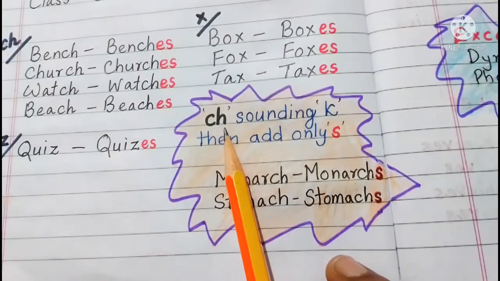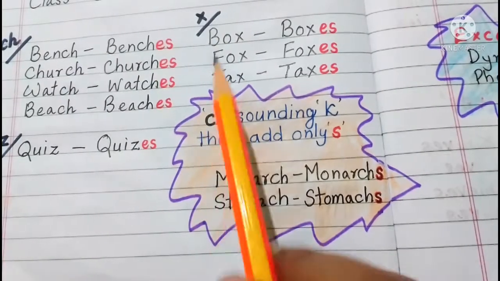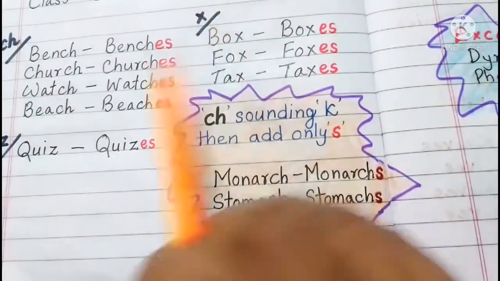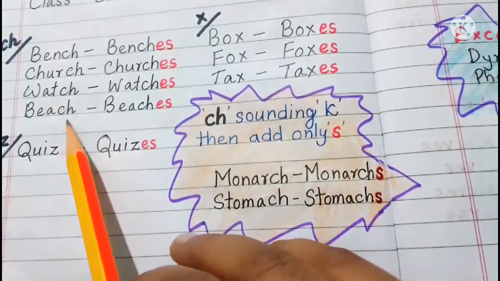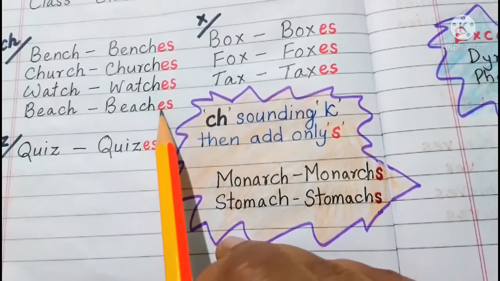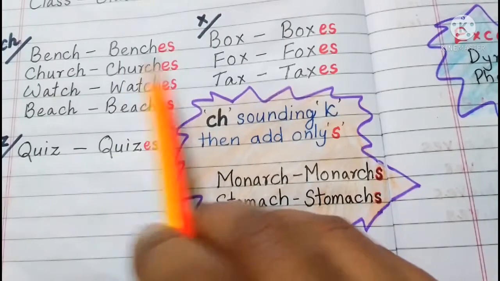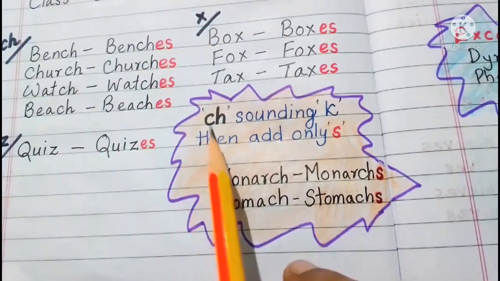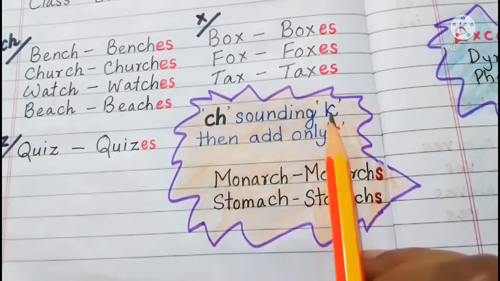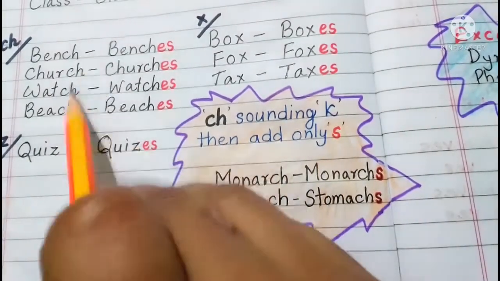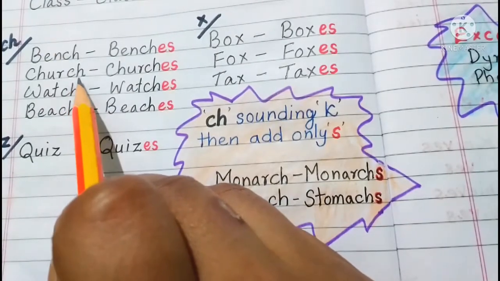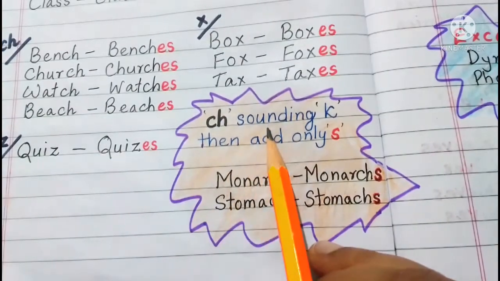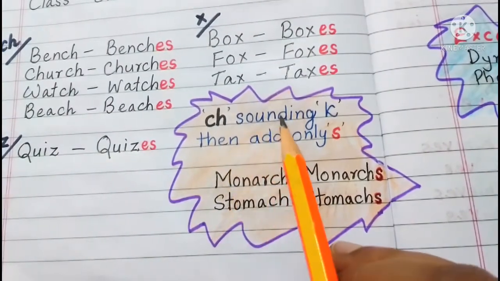There is an exception to this ch which we have studied here. Every time we were using bench, church, watch, beach, we got beaches, watches, churches, benches. We added just es to get the plural. Now, if the ch sound is a hard sound, these were soft ch sounds, where we pronounced it as ch. Now we are using ch as k.